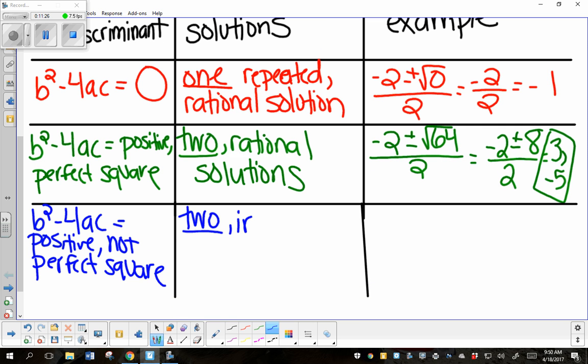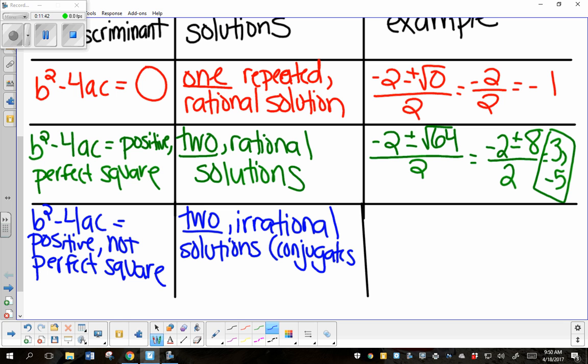They're going to be irrational because since we don't have a perfect square, these numbers might go on forever. So 2 irrational solutions. And I want to note that they're going to be conjugates of each other. Remember that vocab word? Like 2 plus root 3 and 2 minus root 3. Those are conjugates. These ones are kind of nice when you get them, even though they seem mean.